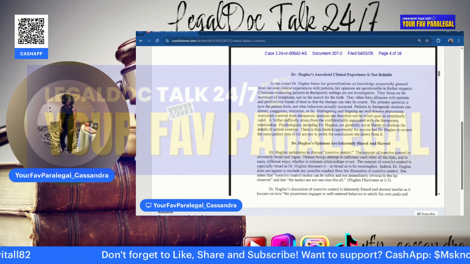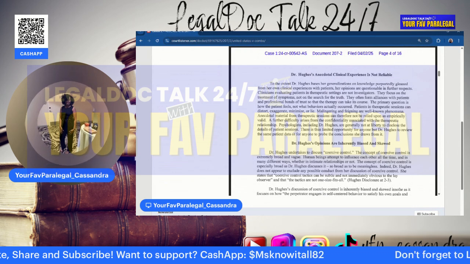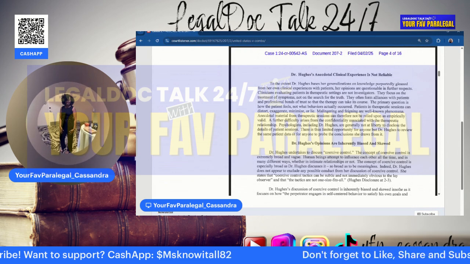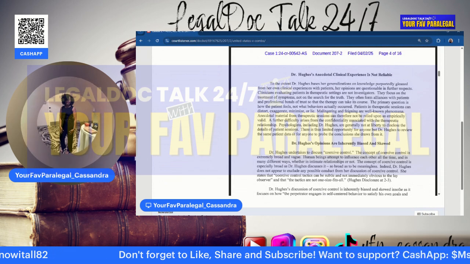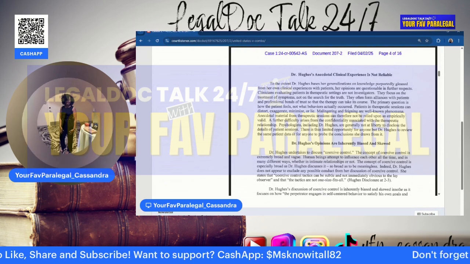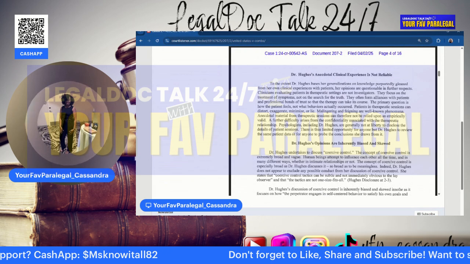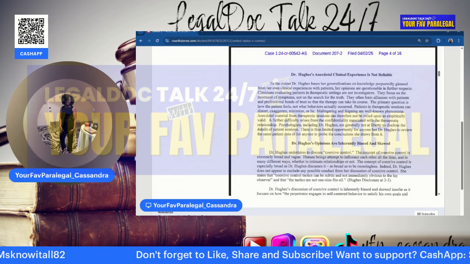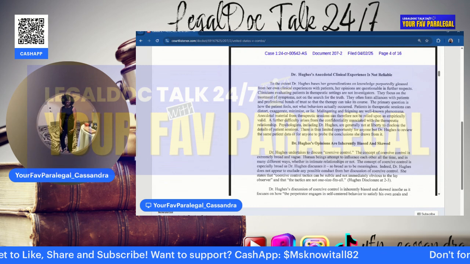A further difficulty arises from the confidentiality associated with the therapeutic relationship. Psychologists, including Dr. Hughes, are generally not at liberty to disclose the details of patient sessions. There is thus a limited opportunity for anyone but Dr. Hughes to review the same patient data or for anyone to probe the conclusions she draws from it.